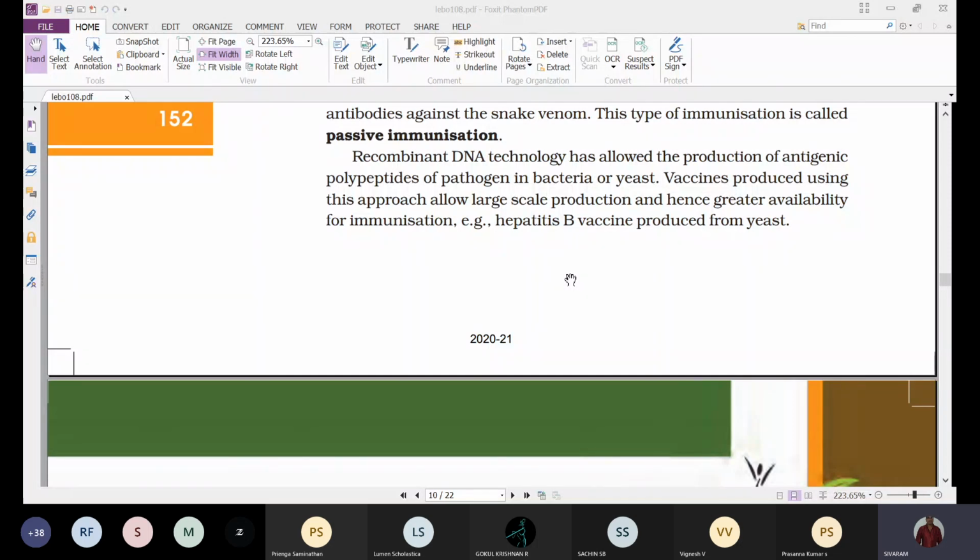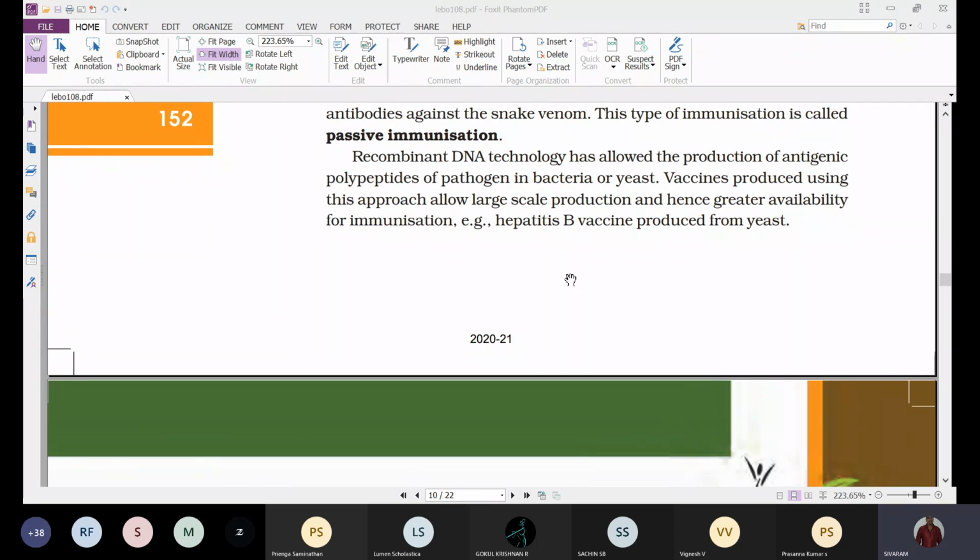That is achieved with the help of recombinant DNA technology. Recombinant DNA technology has allowed the production of antigenic polypeptides of a pathogen in bacteria or yeast, whether the pathogen is a bacteria or virus or fungi or anything.